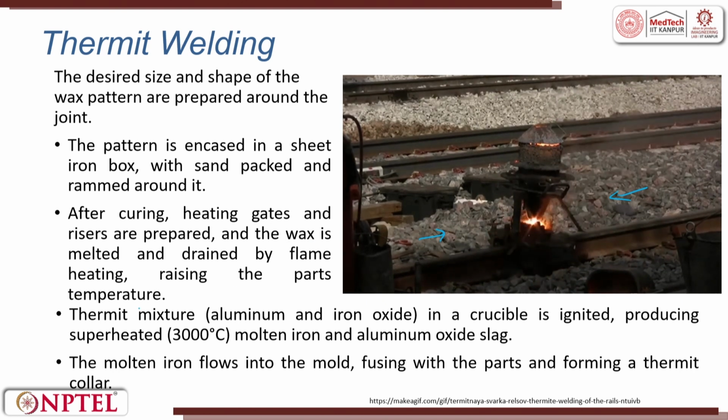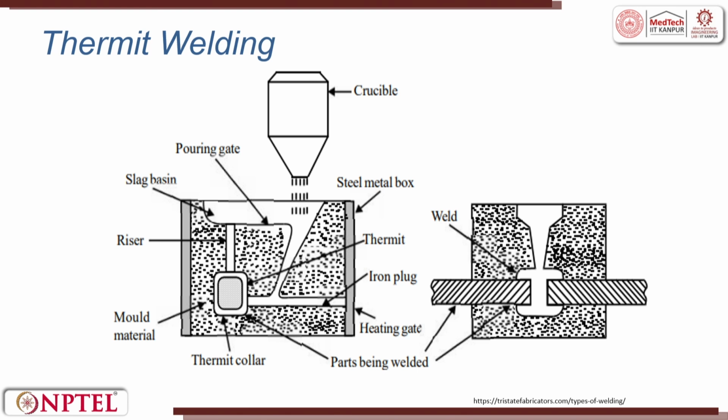Raising the part temperature, the thermit mixture in a crucible is ignited, producing a lot of heat, and then the molten iron and the iron oxide slags are formed. The molten iron flows in the mold, flushing the part and forming the thermit welding process. Whatever we have said is clearly placed in the figure.